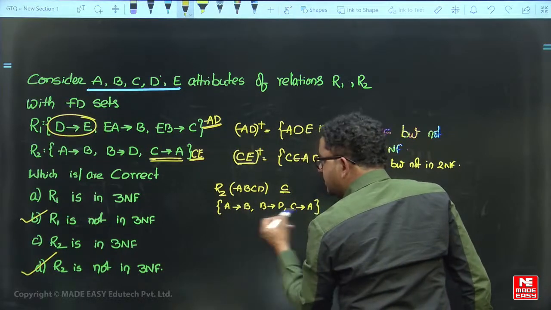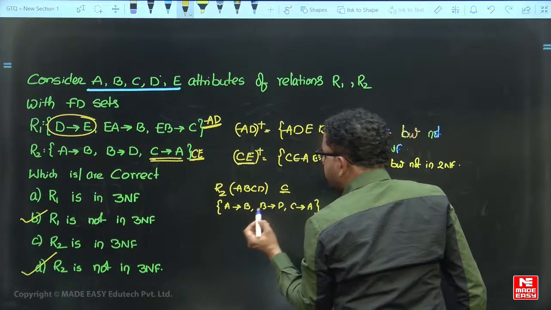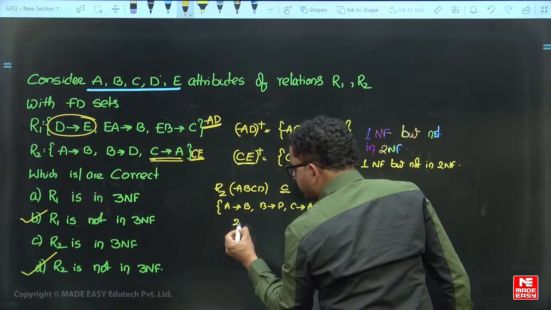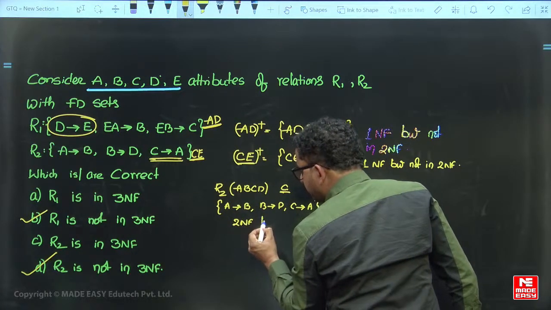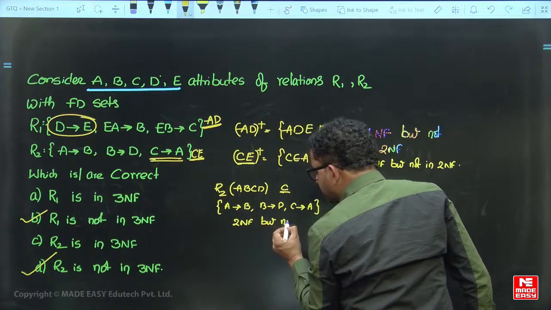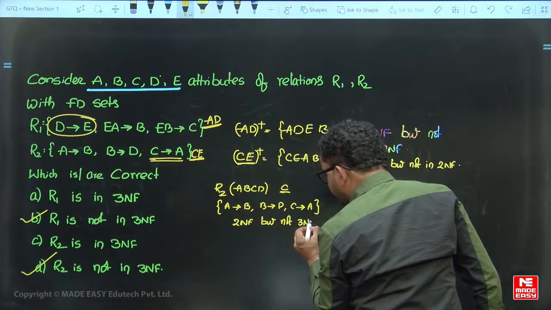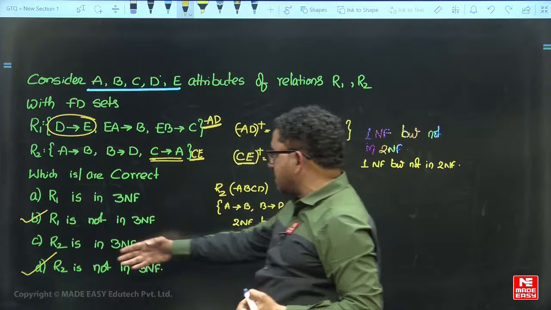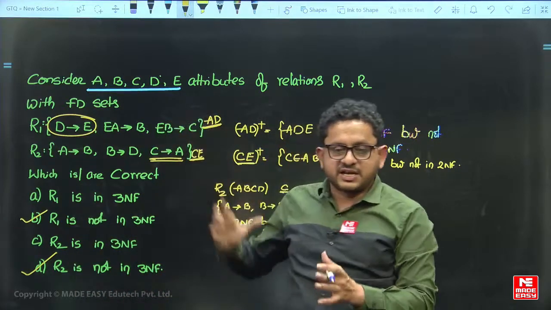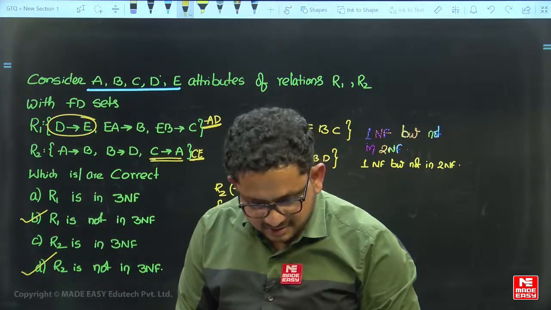Still it does not satisfy the third normal form. There are no partial dependencies, so it is 2NF but not 3NF. So still, not 3NF is the correct answer if this is the data, right?